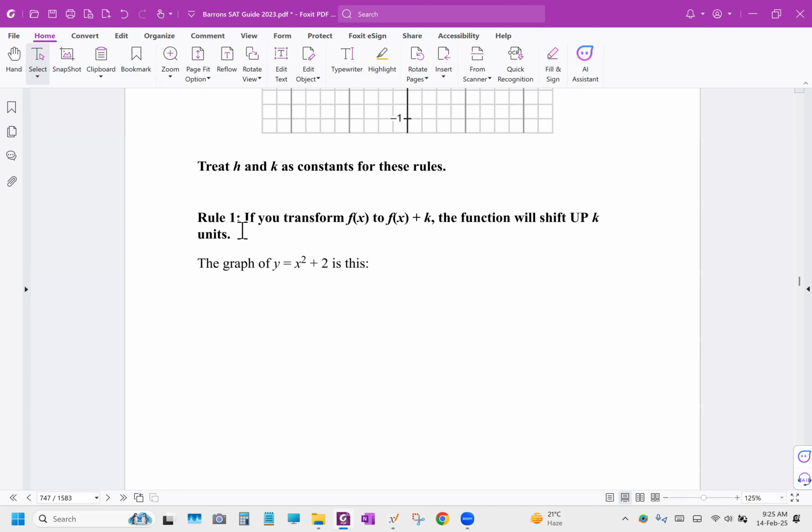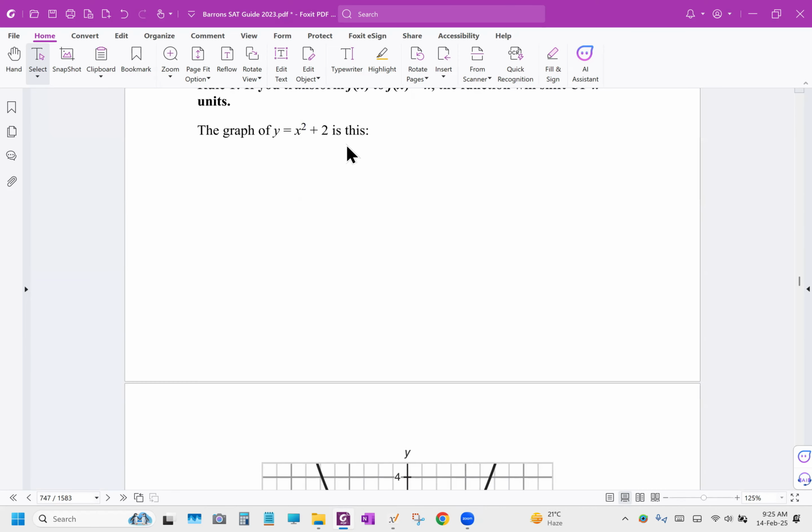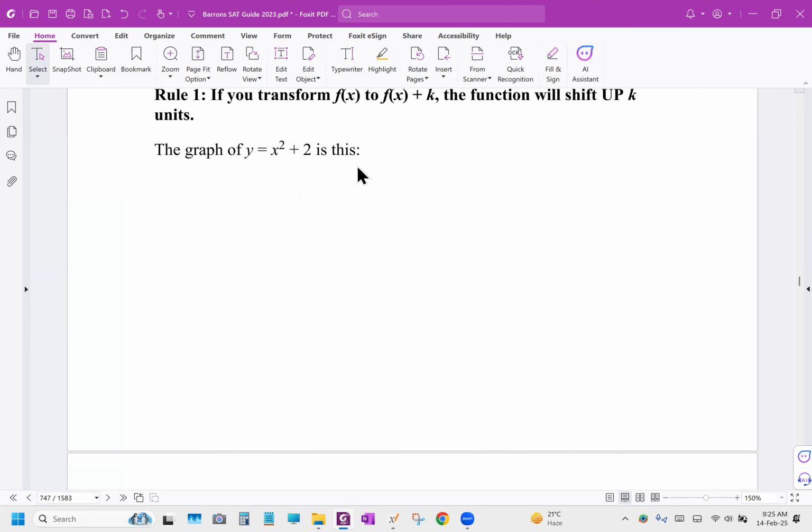So this means that, for example, you have been given this equation, and you just want to know by doing what operation that will result in an upshifting of the function.